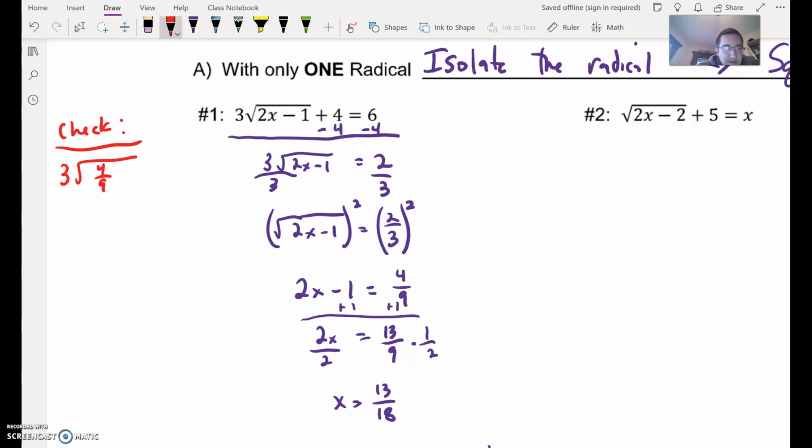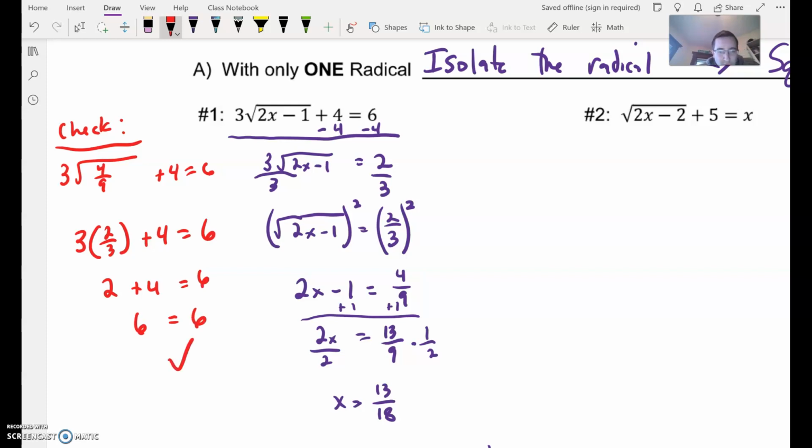I just simplified that on the fly. Plus 4 equals 6. So let's see if this works. What is the square root of 4/9? That'd be 2/3. Both of those are perfect squares, thankfully. So 3 times 2/3 plus 4 equals 6. 3 times 2/3 is 6/3, that's 2, plus 4 equals 6, and 6 equals 6. So this actually does work.